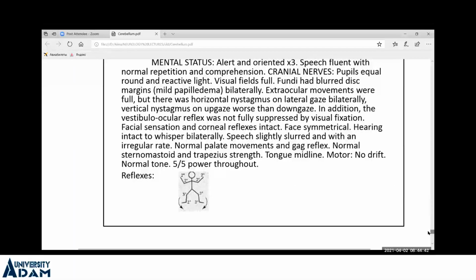The probable diagnosis is that maybe they didn't treat this infection. So this is a complication, guys, of the sinusitis. So this is what the cerebellum clinical signs are.